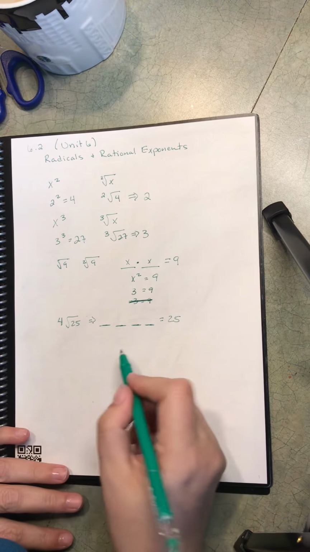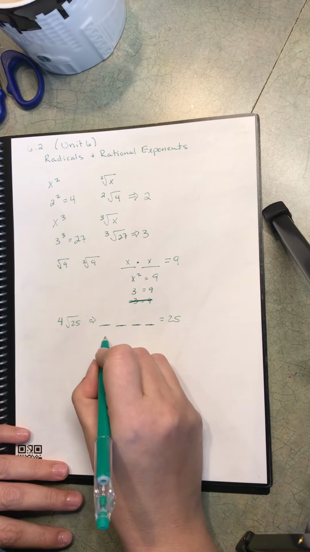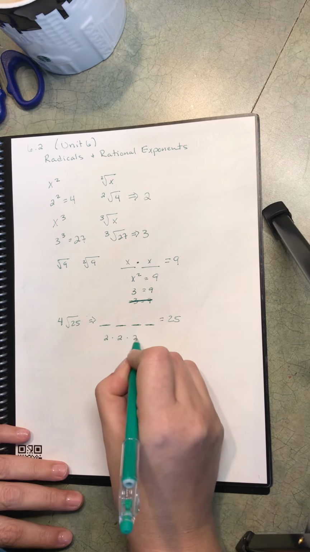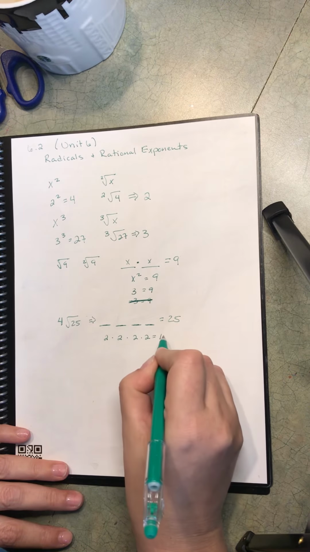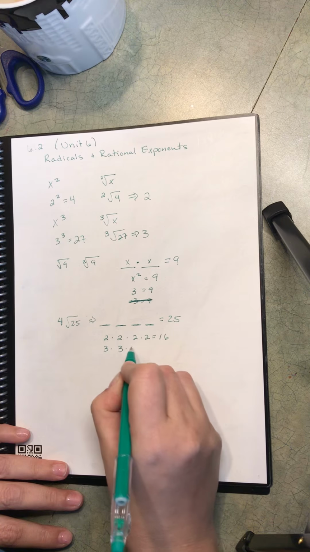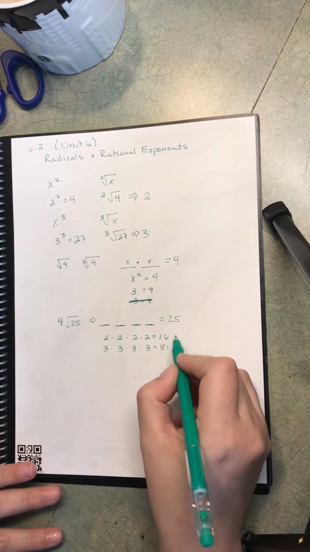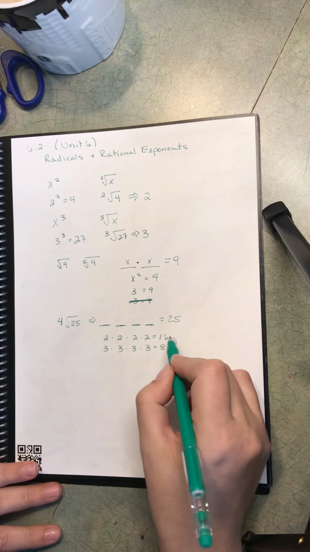Well, I don't know, but we're estimating. We don't have to know the answer. So I can think about 2 times 2 times 2 times 2 equals 16, and 3 times 3 times 3 times 3 equals 81. So it's definitely between 2 and 3.